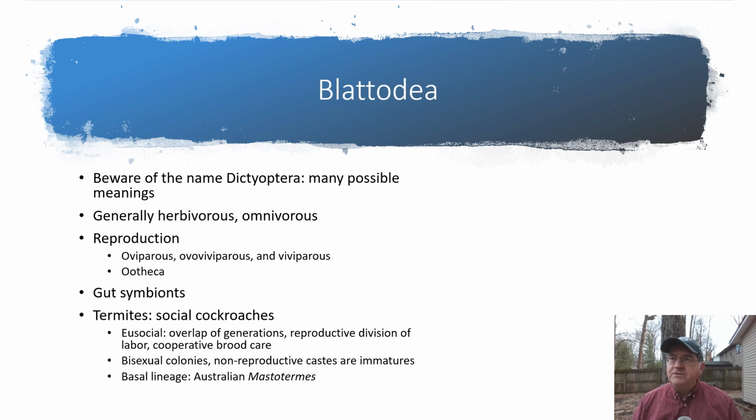But then there are cockroaches that will retain either an ootheca or retain the eggs within the female's body. The embryos develop within those eggs, and then the nymphs hatch out of the eggs, but the eggs are never laid. This is called ovoviviparity.